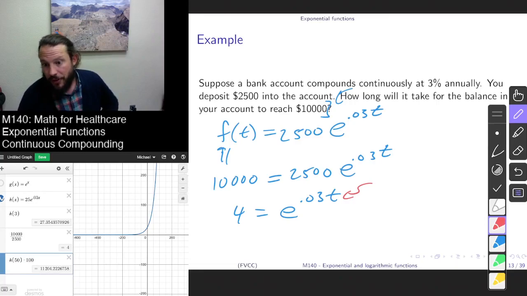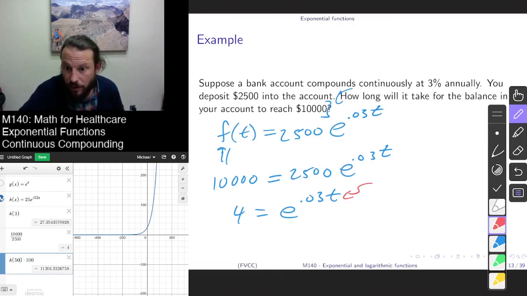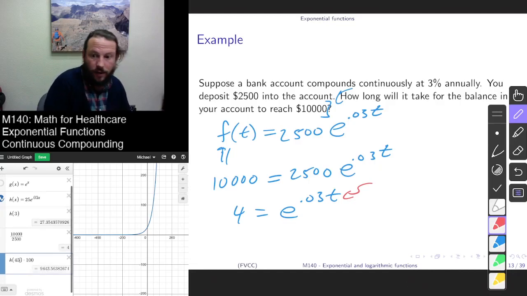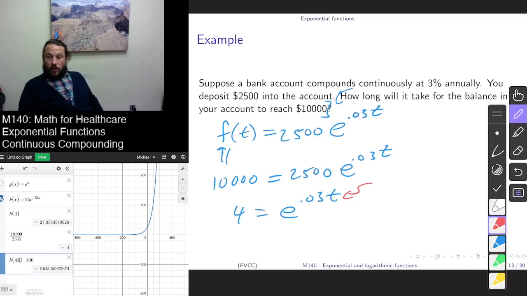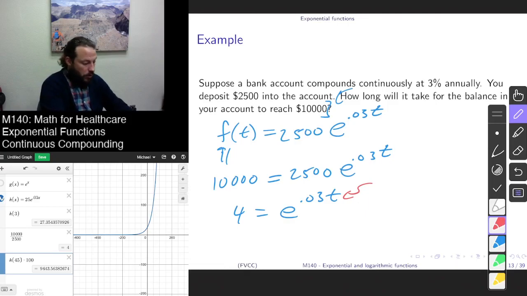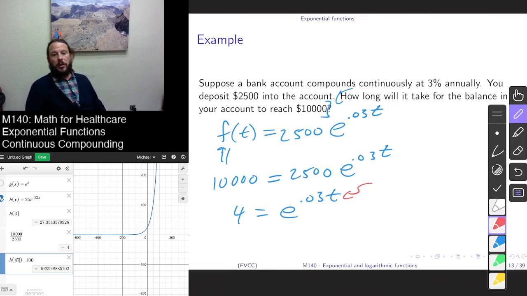There it is, that's 11,000. So somewhere around 50 years, maybe more like 45-ish. Close, 47. You could play around with things like that and get close, but we'd like to be able to solve it and understand those.